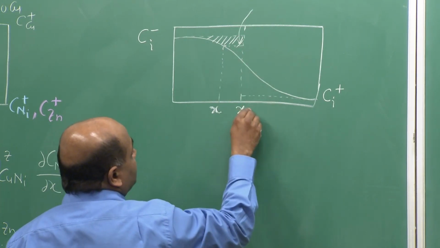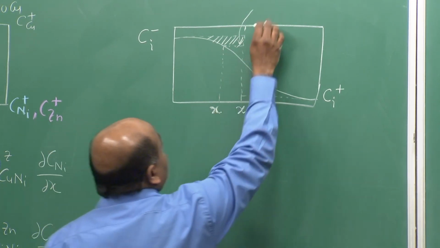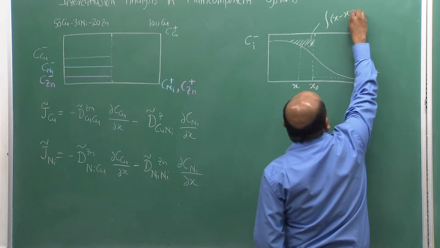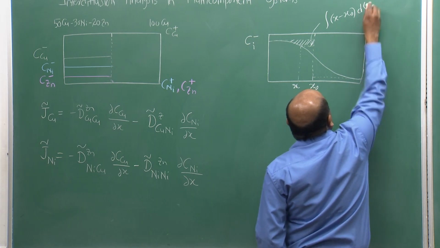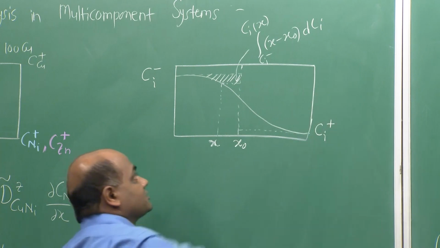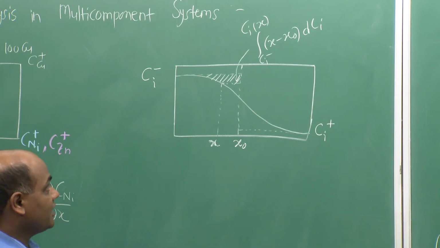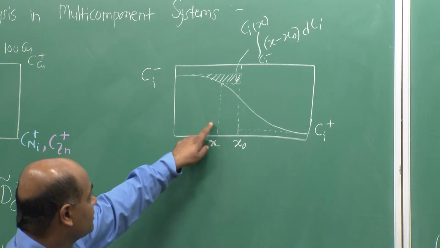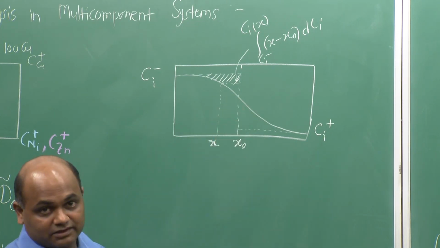So, this integral here would be this area. This is my Matano plane x naught here, and this is the integral x minus x naught dCi from Ci minus to Ci at x. So, just by finding the area under the curve and dividing it by 2t, we can get the flux at any position x.